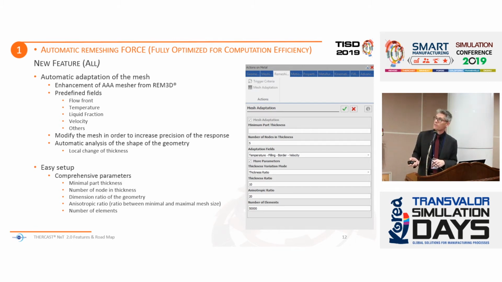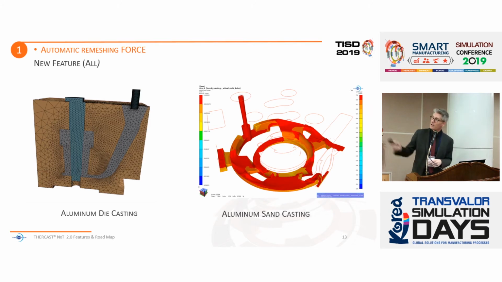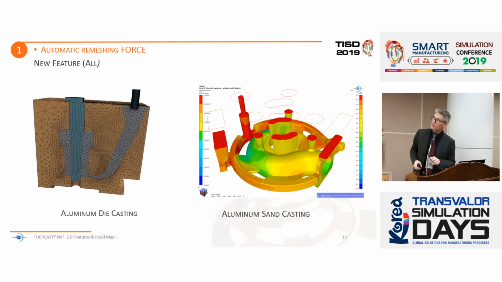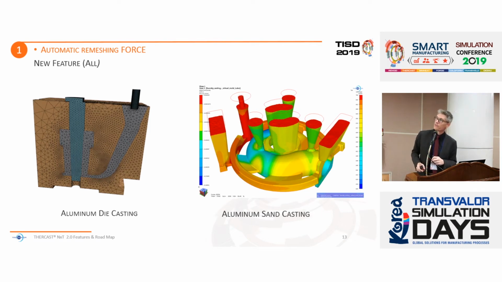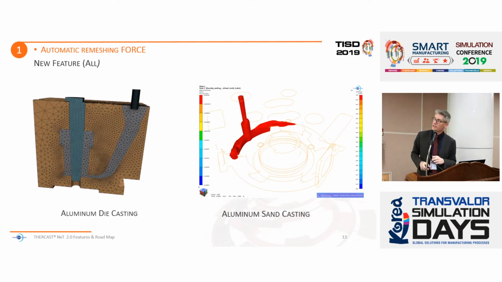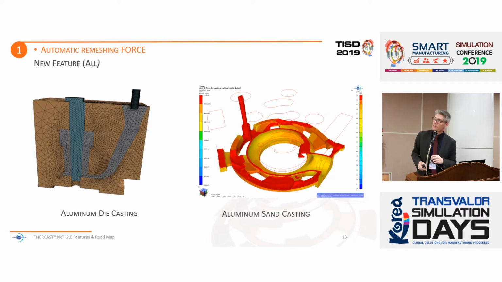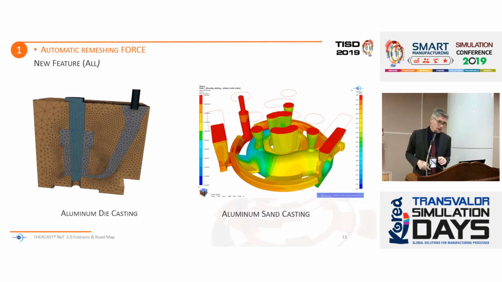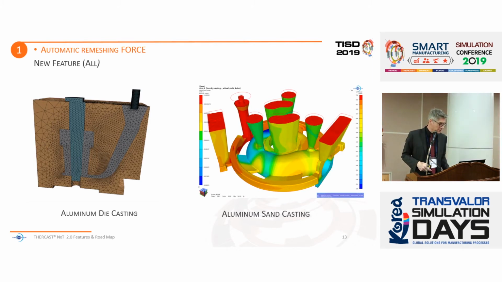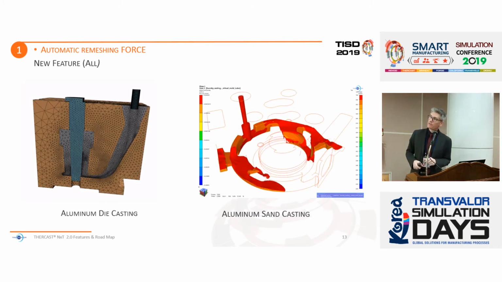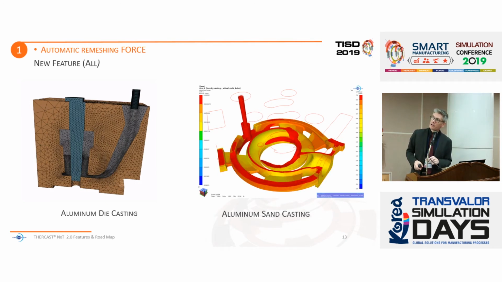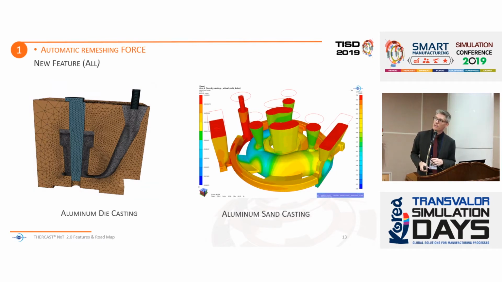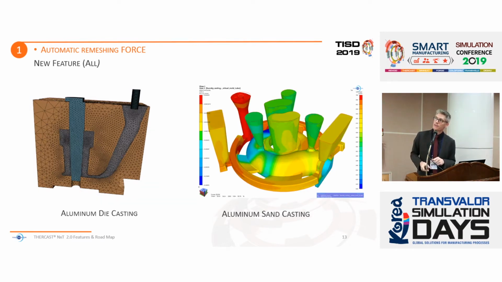What we can do with that is, for example, have this kind of filling, and thanks to the remeshing and automatic tracking of the flow front, you can really get access to very fine details in the fluid flow, and the result is now very realistic. And here you have an illustration of mesh adaptation, because you can easily see through the mesh motion and adaptation how the filling is occurring.